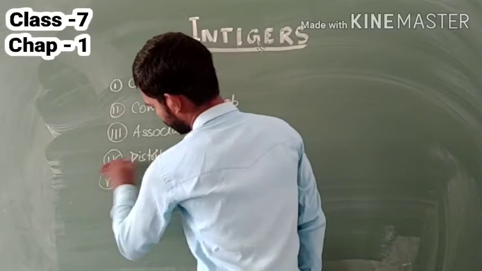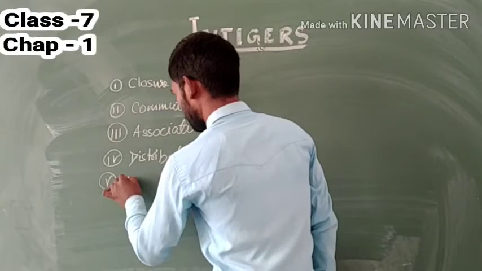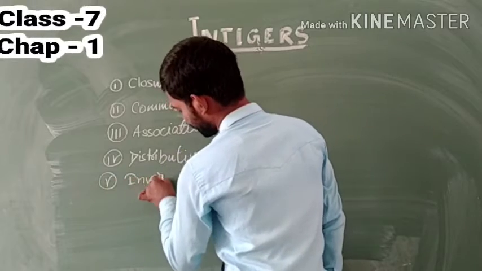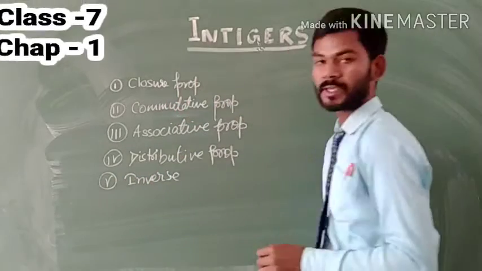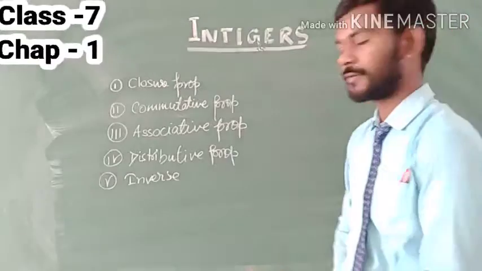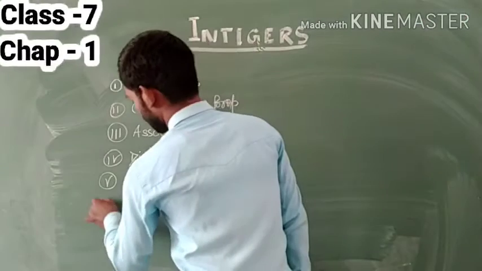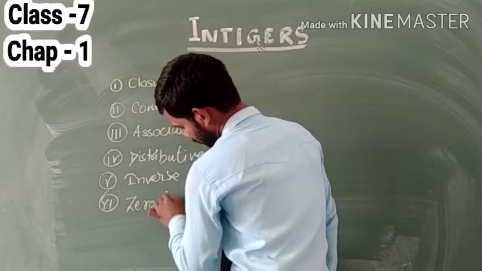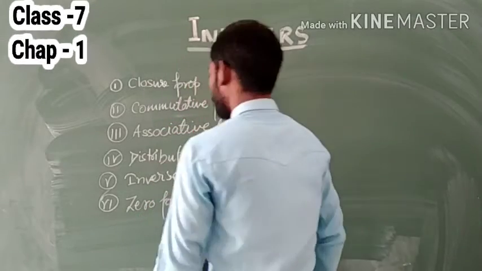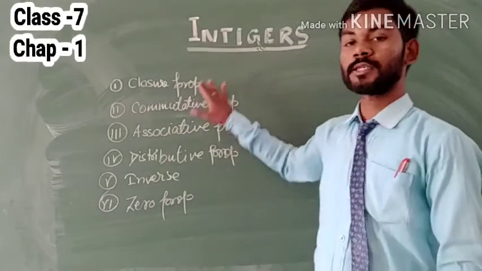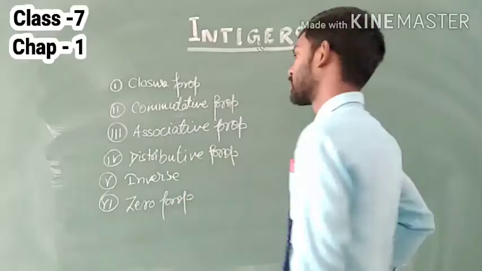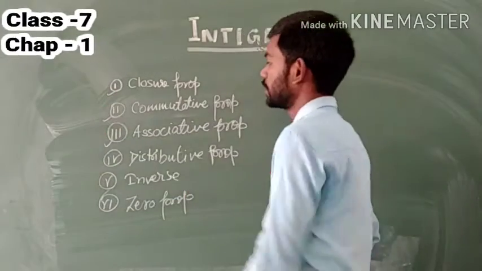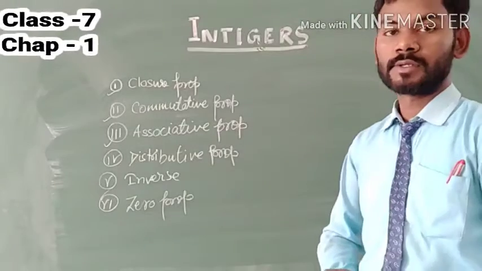And the fifth is inverse, or sometimes we say a multiplicative inverse also. The next is zero property. These properties are listed, in which we have discussed the closure property, commutative property, and associative property.